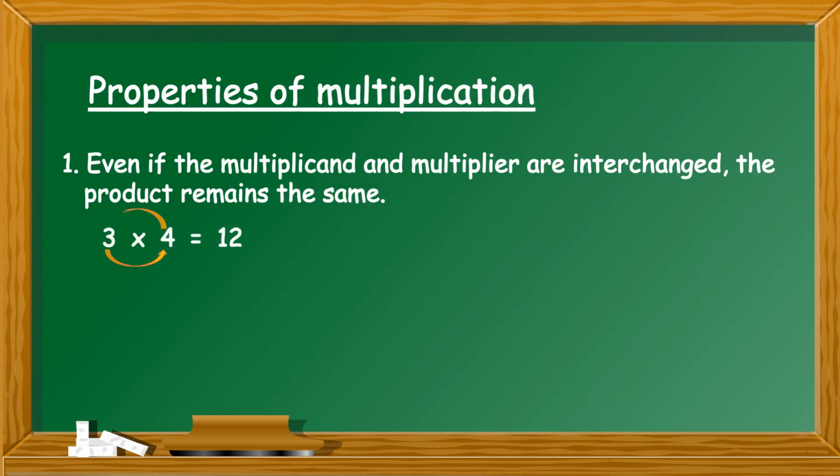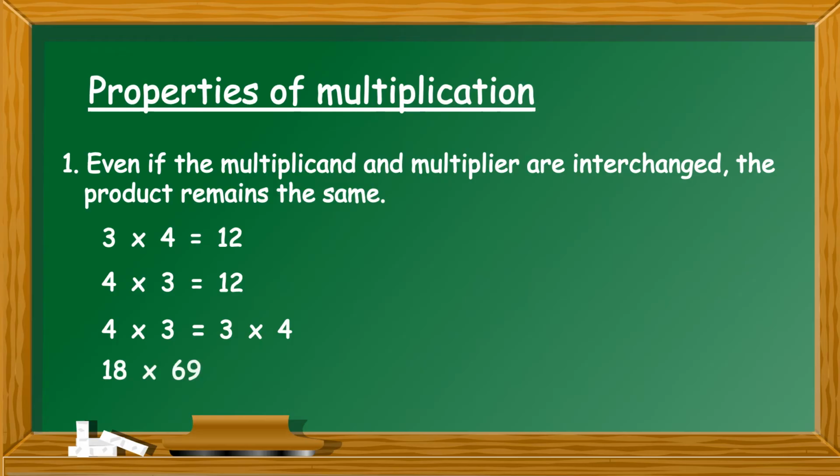If we interchange the multiplicand and multiplier, that is 3 and 4, and write 4 into 3, that will also be equal to 12. Hence, we can say 4 into 3 is equal to 3 into 4. Taking another set of numbers, suppose we take 18 into 69, that will be equal to 69 into 18.